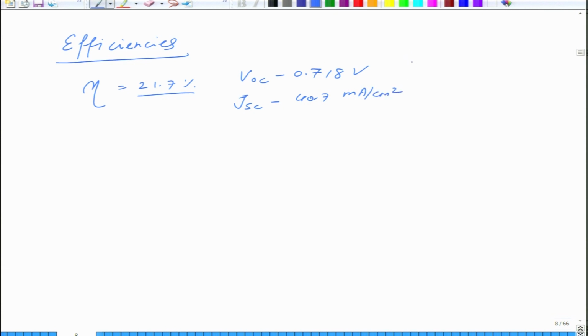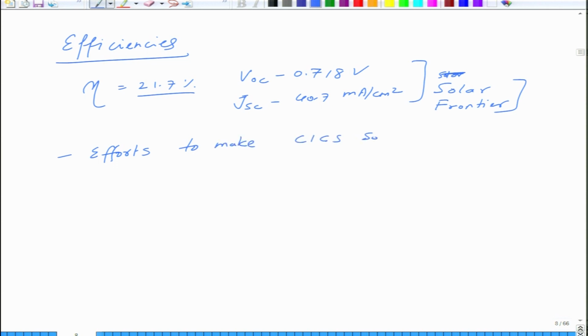This is at the lab scale. So, modules are lower, and this is made by Solar Frontier.